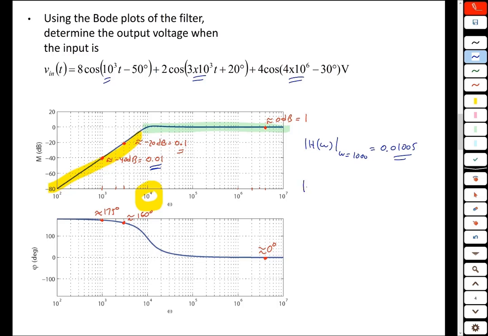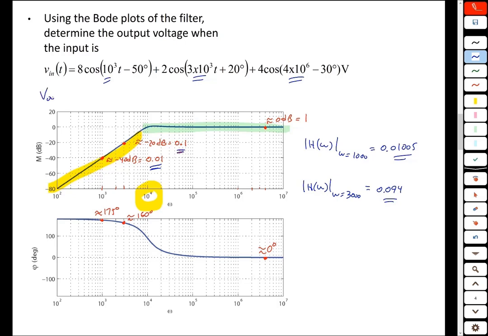Furthermore, if we were to do this at 3,000, H of omega evaluated at omega equal 3,000, the gain is actually 0.094. Once again, close to 0.1, but not exact. So the bottom line is the Bode plot gives us approximations, which are going to be close to the actual value, but not right on it. Anyway, continuing with this problem now.